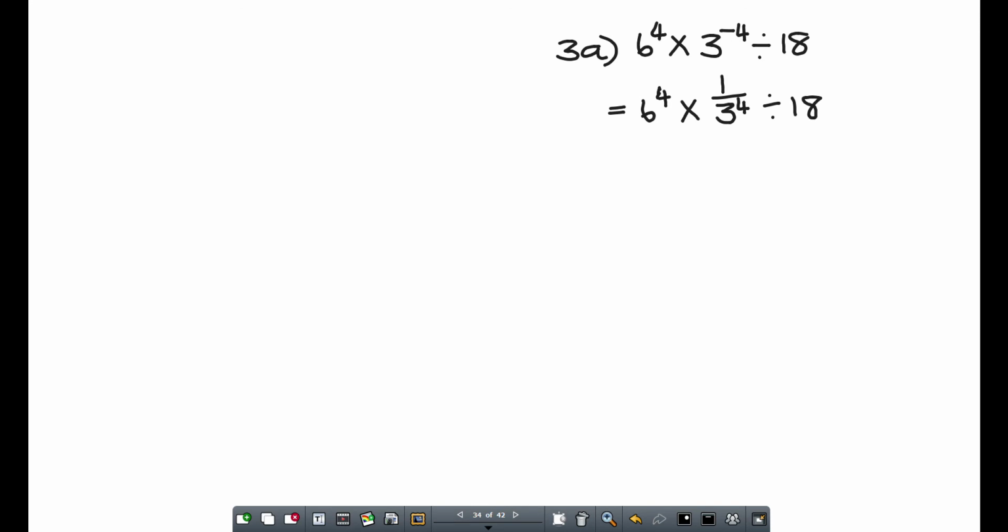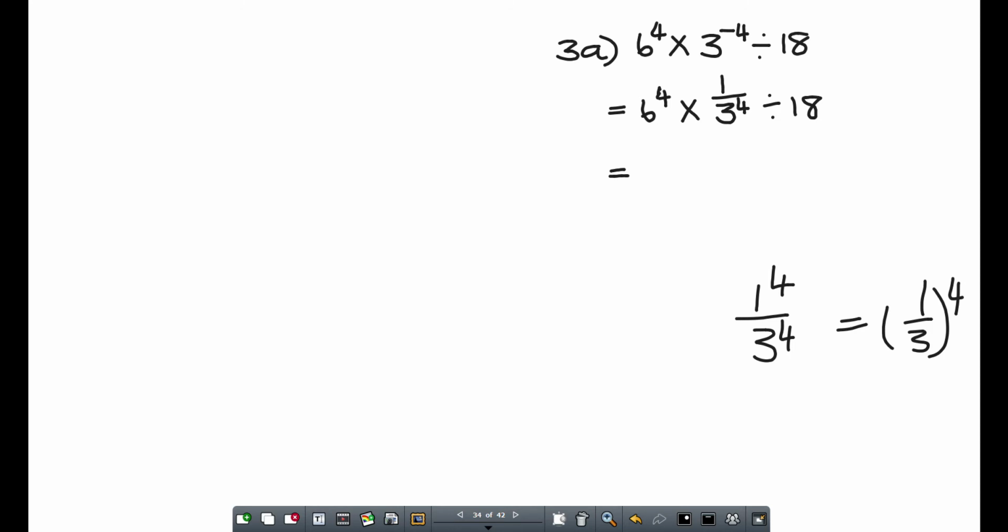Then, do you guys agree that because this was 1 over 4, I'm going to write that at the bottom. 1 over 3 to the power of 4 is actually the same as 1 to the power of 4 over 3 to the power of 4, because that's still going to give me 1. So technically, I could do this.